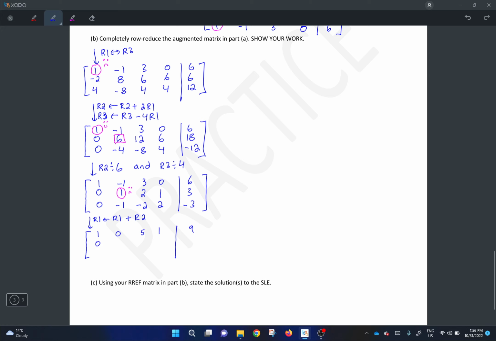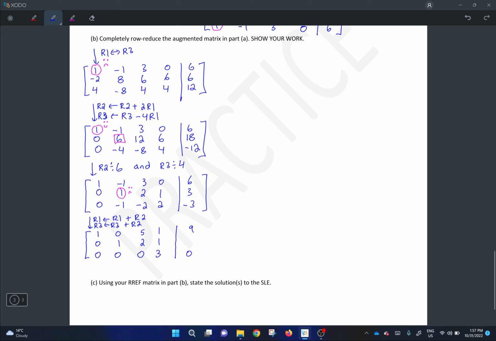Row 2 is going to stay the same, 0, 1, 2, 1, and row 3 is going to become 0. Oh, row 3, we're going to do row 3 gets replaced by row 3 plus row 2 as well. So I'll have 0 plus 0, negative 1 plus 1, negative 2 plus 2, and then 2 plus 1, 3, and negative 3 plus 3, 0.